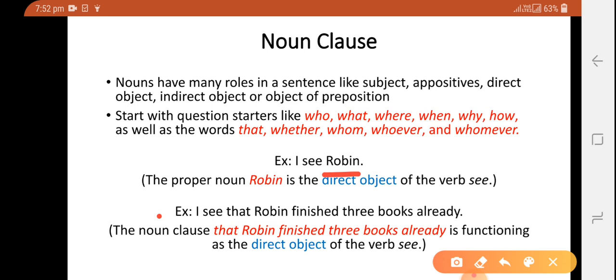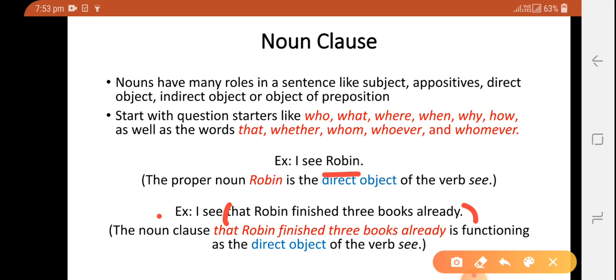So this clause, starting from that to the end, is a clause, but it is incomplete. It doesn't stand alone. That Robin finished 3 books already is a clause used in place of an object. The noun clause that Robin finished 3 books already is functioning as a direct object of the verb see.